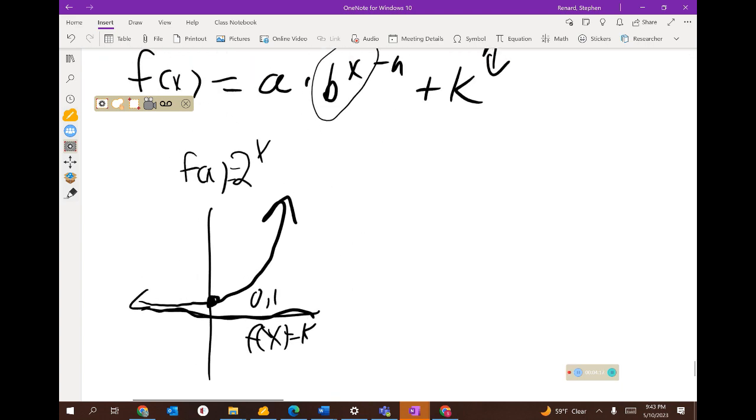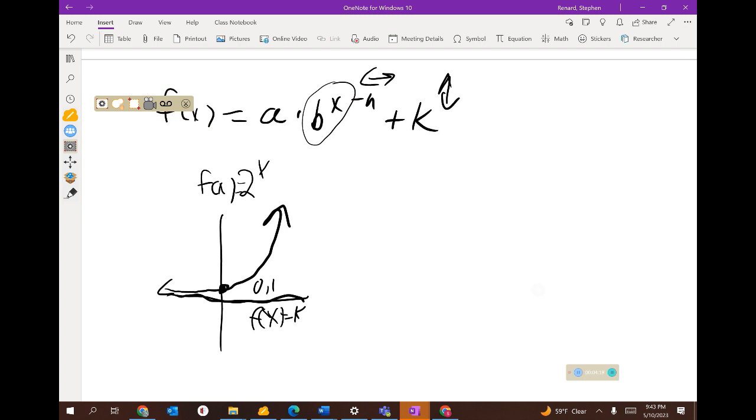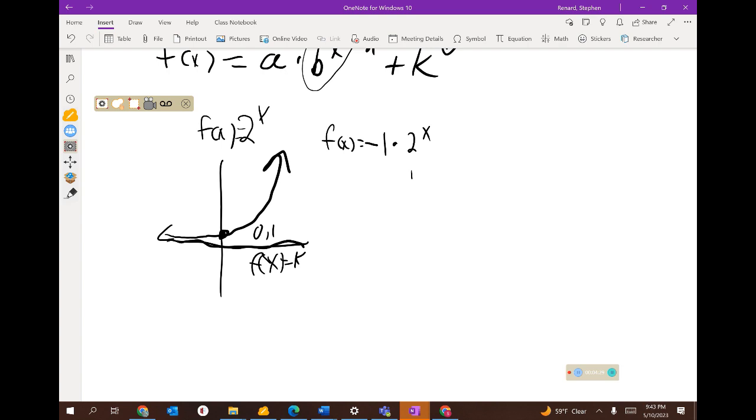Now, if I go negative, f of x equals negative 1 times 2 to the x, that is going to flip this over the x-axis like that, and this point now becomes (0, -1).